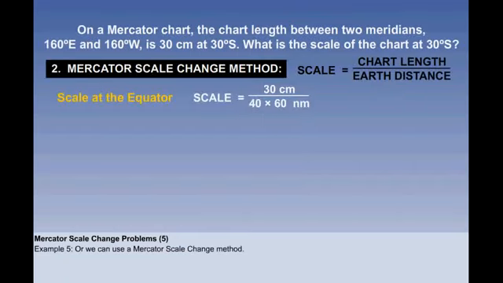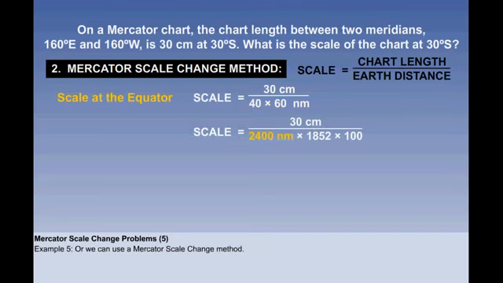So, at the equator, 30 centimeters represents 40 degrees of change of longitude, and each degree of longitude is 60 nautical miles. So the departure is 2,400 nautical miles. Now get everything into the same units as before.